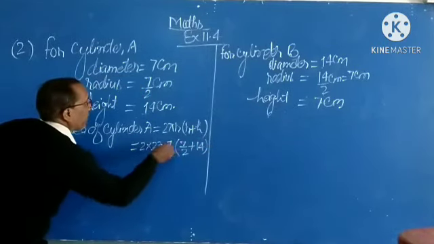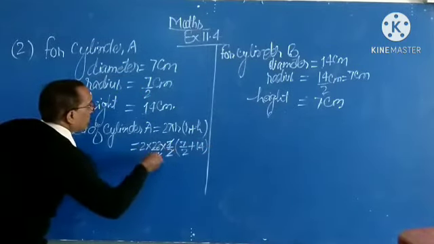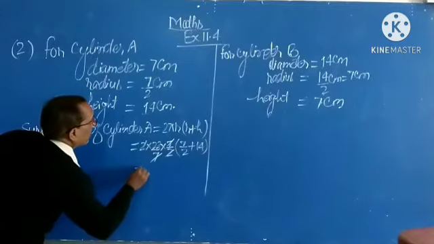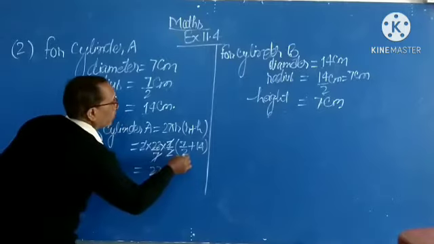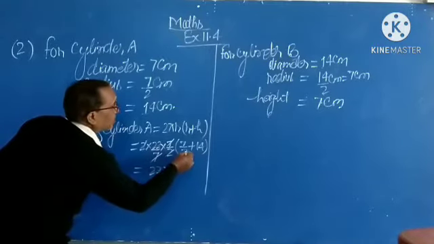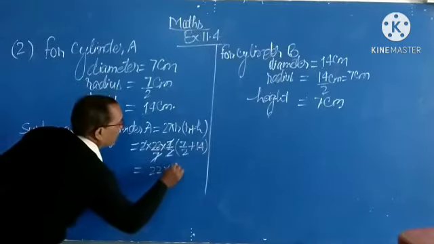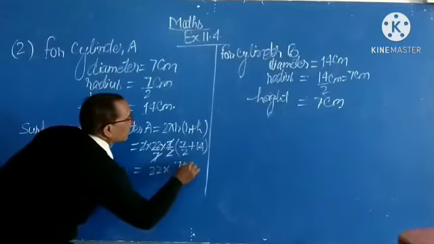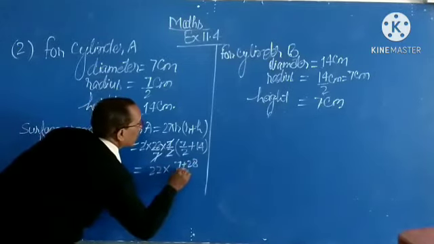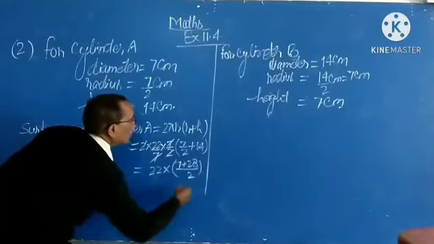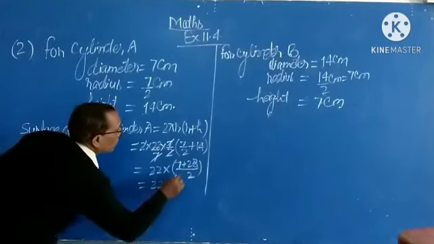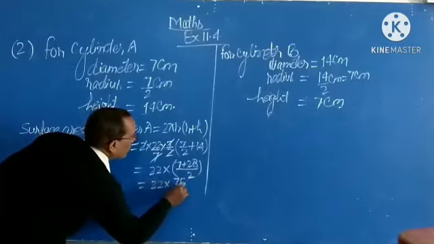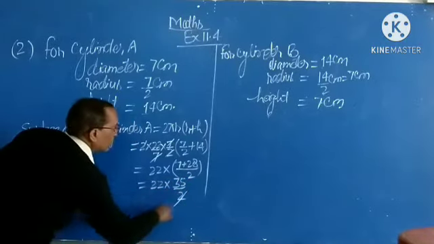You calculate 7 by 7 and 2 by 2. You get 22 into in the bracket 2 14s are 7 plus 28 upon 2. This means 22 into 35 upon 2.